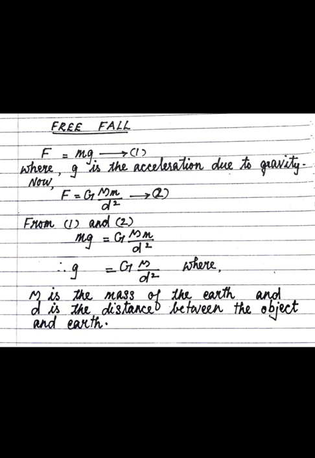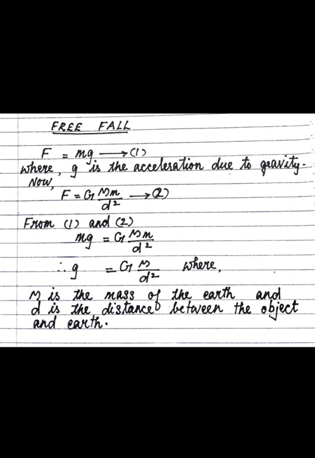From the second law of motion, we have already learned that force is the product of mass and acceleration. That is, F is equal to m into a, where m is the mass and a is the acceleration. And suppose the object that is falling has a mass m. We know that there is acceleration involved in falling objects due to the gravitational force, and it is denoted by g. So here, as the object is falling towards the earth, the acceleration is the acceleration due to gravity.